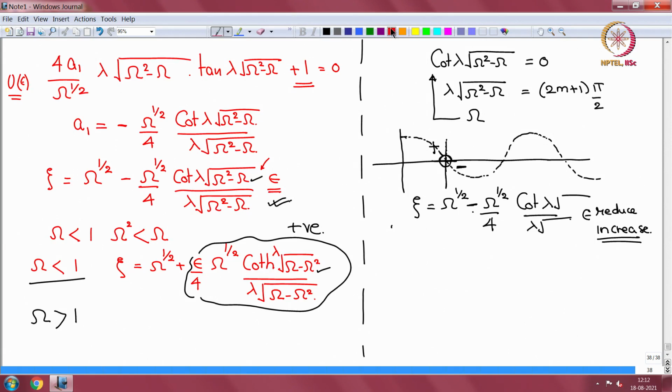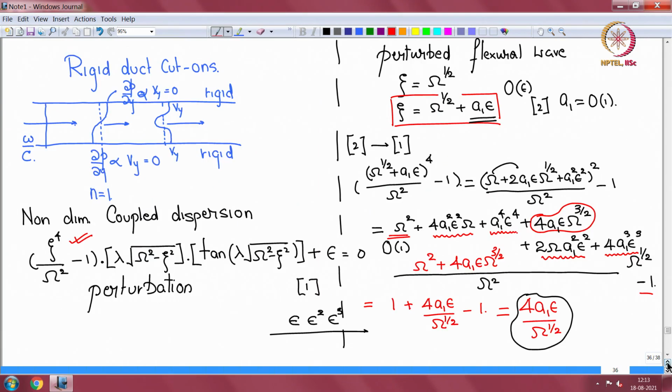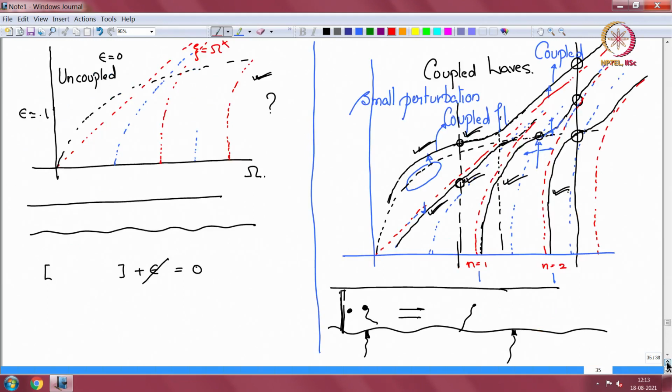Okay. So let me quickly plot what we have over here in this picture. Let me plot in red. Okay. So we are looking at perturbations to the flexural wave. This is the coincidence frequency. Below coincidence frequency the correction was positive, that means to this flexural wave I will have an increment.